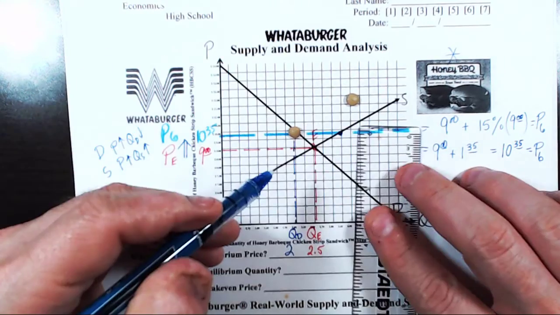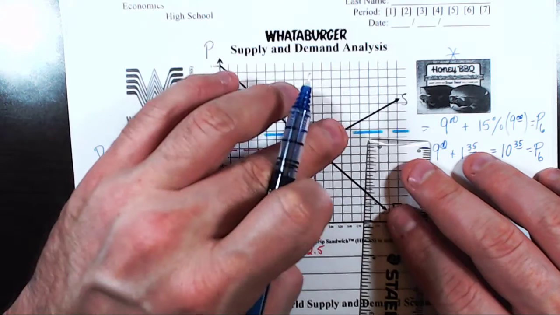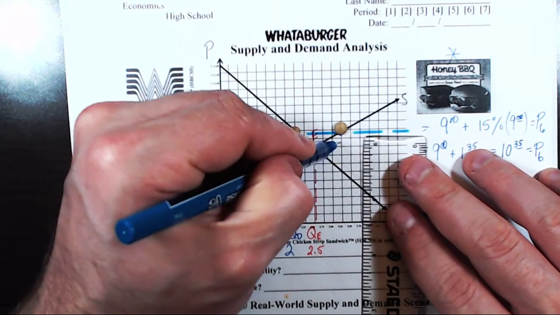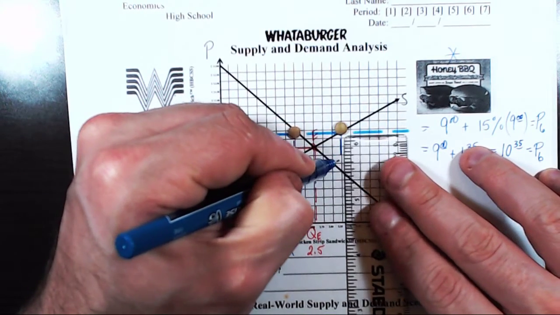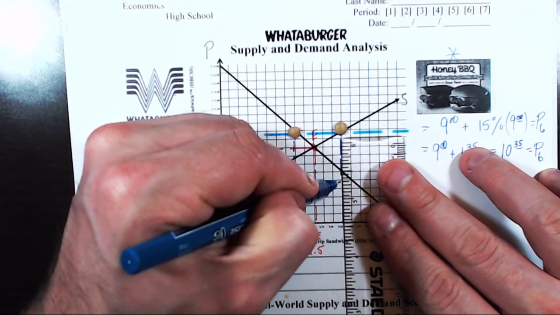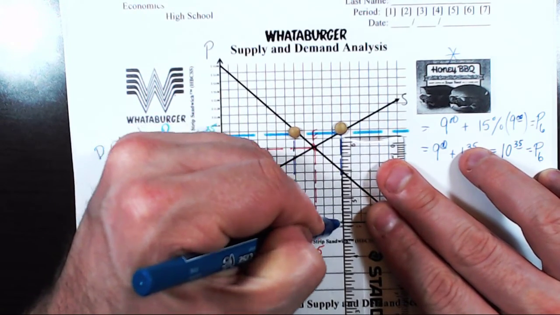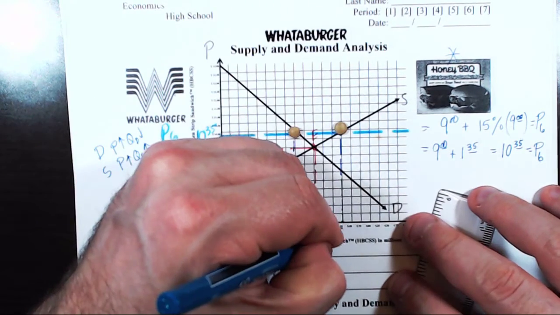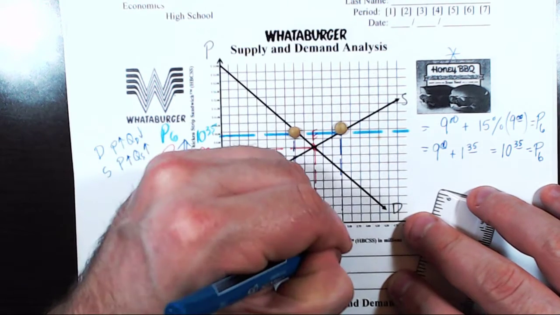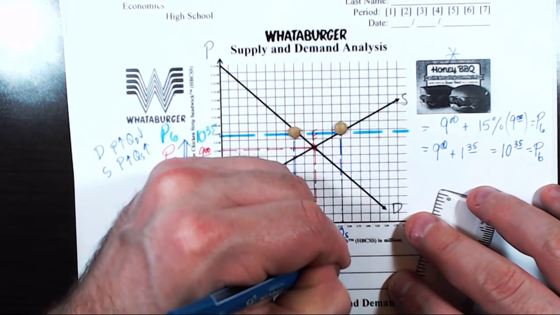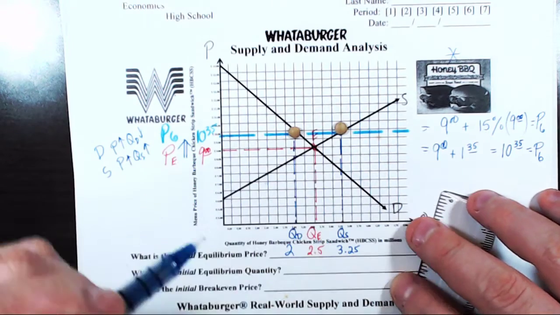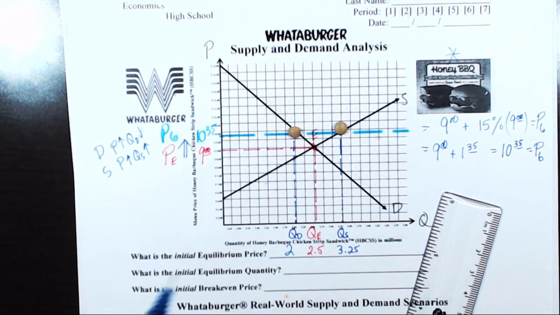Okay, so if I drop down that vertical dot, quantity supplied increased to 3.25 million. So quantity supplied is at 3.25 million, and quantity demanded is at 2 million.